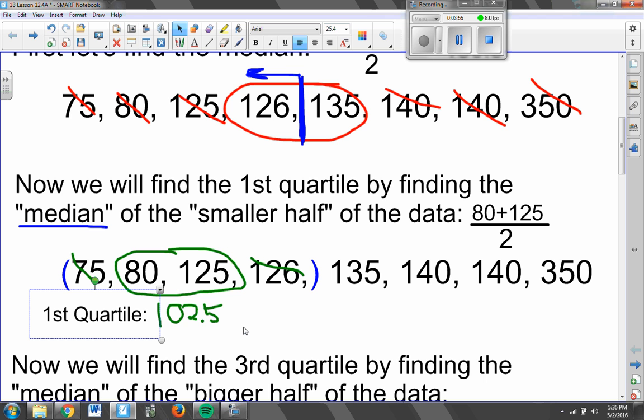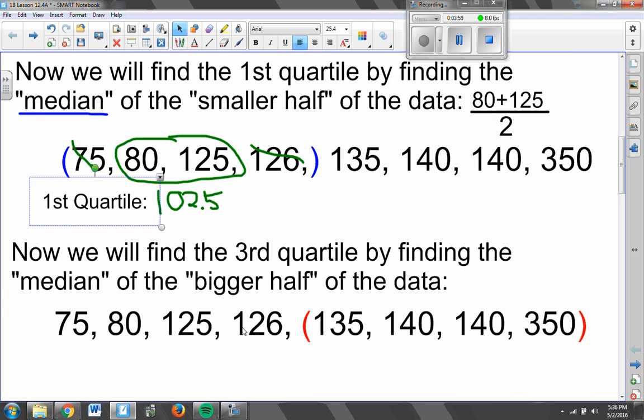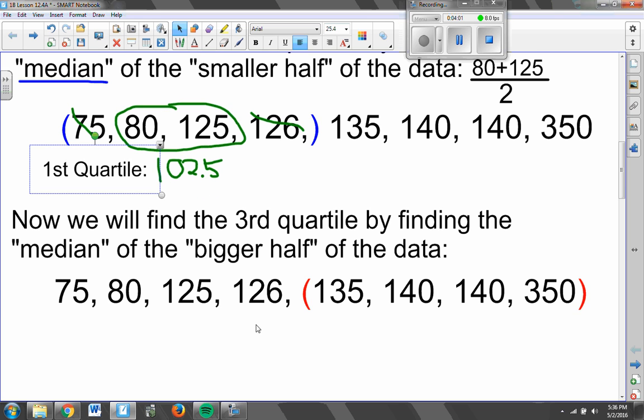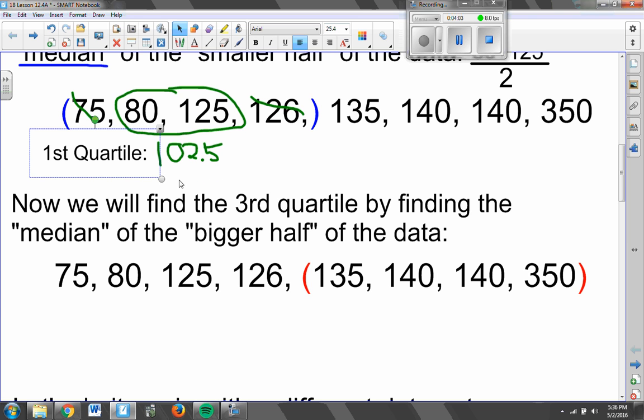Then I find the third quartile in a very similar fashion, except now I'm going to find the median of the bigger half of my data set. So now I'm not concerned with the smaller 75, 80, 125, 126. I'm concerned with the 135, 140, 140, 350. That's the top half of my data set, the higher 4 values here.